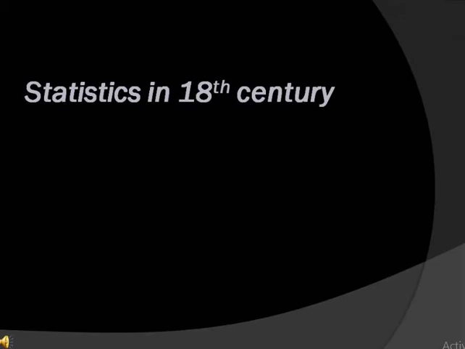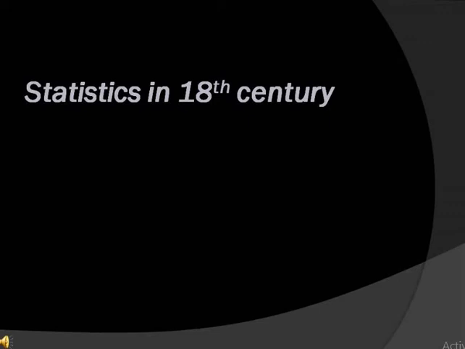And now we will see the history of the word statistics in the 18th century. In 1749, Gottfried Achenwall, during one of his lectures at a German university, used the word Statistik to mean the political science of several countries.